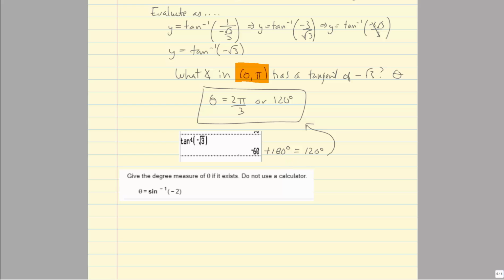Okay, so now this means what angle in the interval from negative to positive pi over 2, points inclusive, meaning there's a bracket, has a sine of negative 2? And the answer is none.